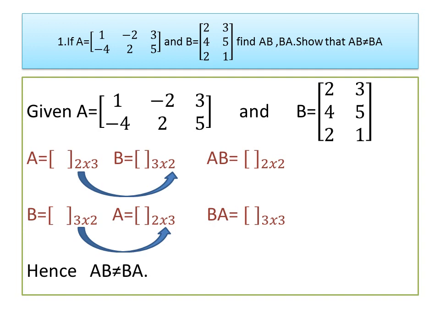Since the number of columns of matrix A is equal to the number of rows of matrix B, the two matrices can be multiplied. Therefore, AB is of order 2 by 2. Similarly, if I first multiply matrix B to matrix A, it gives a matrix BA of order 3 by 3. Therefore, AB is not equal to BA.